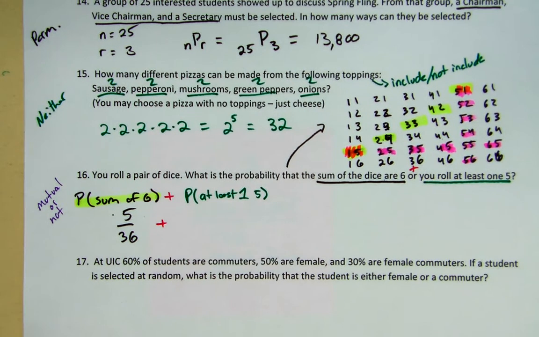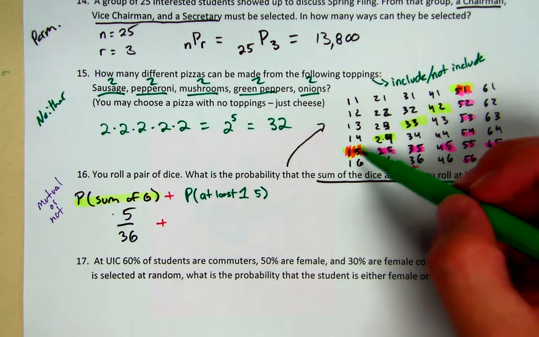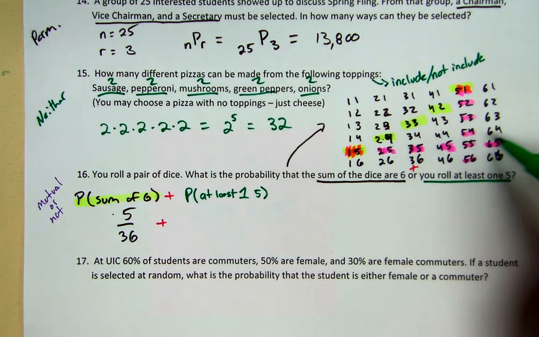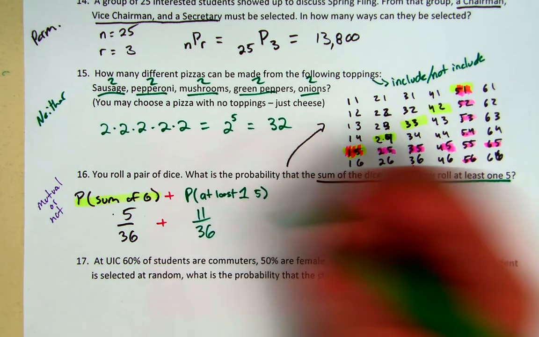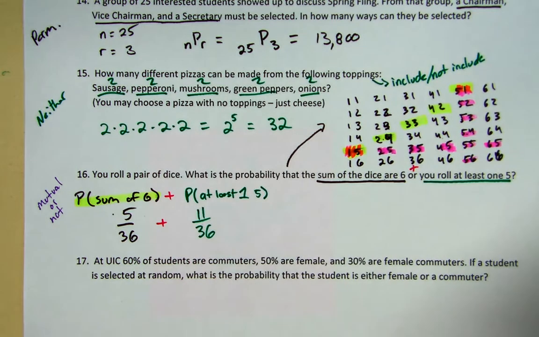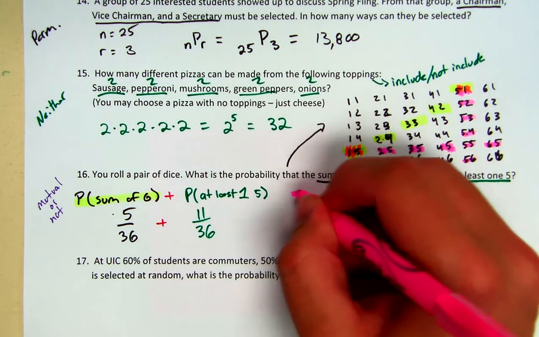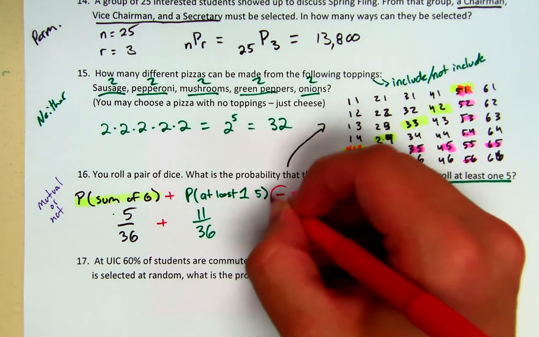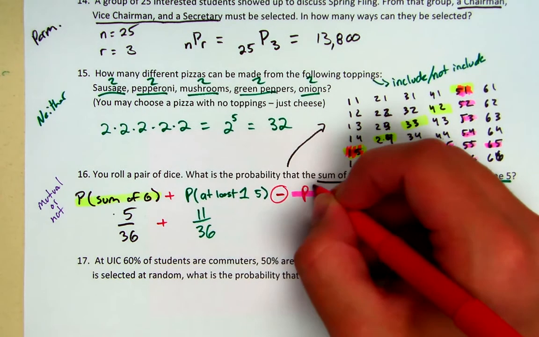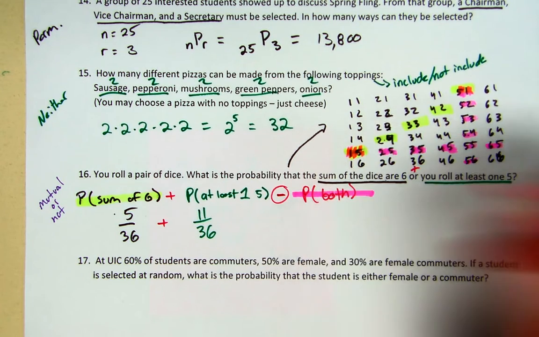So how many 5s are there total? Well, consider all the pinks: 1, 2, 3, 4, 5, 6, 7, 8, 9, 10, 11. So 11 out of 36. But we did have that mutual overlap. So what does that mean? We need to subtract the probability of both events, the mutual.